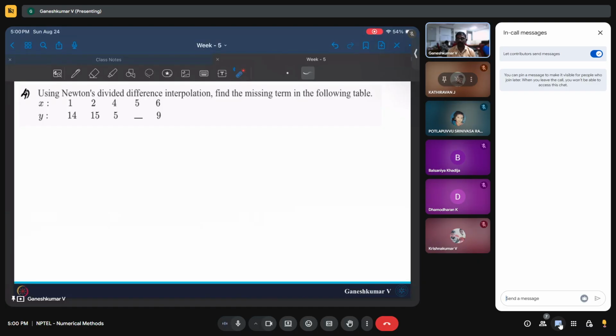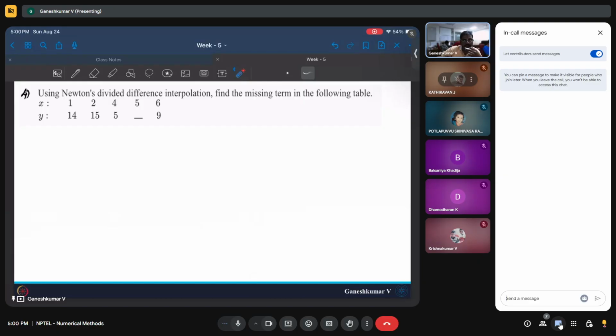We fitted a third order or fourth order polynomial based on how many data points we had, and from there we directly got the function value. So you can go back to the previous week's problems that we solved.